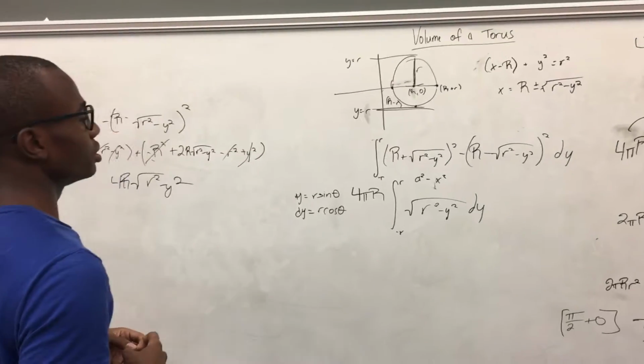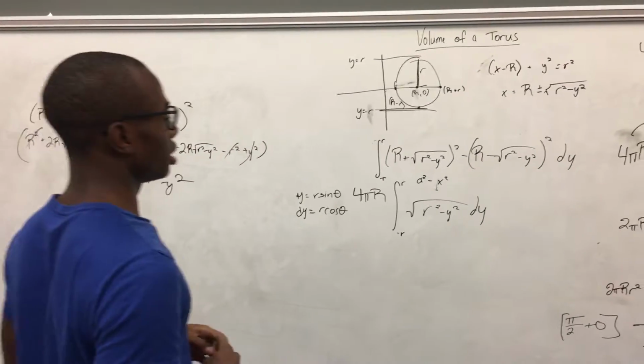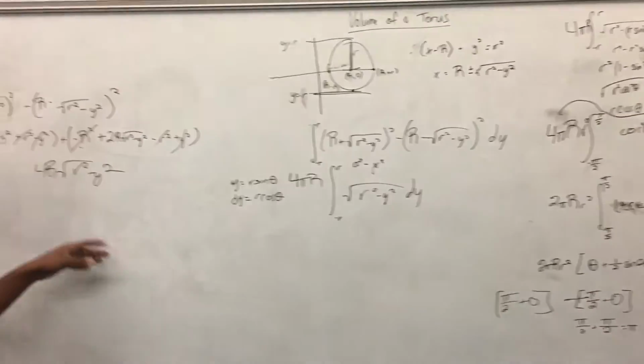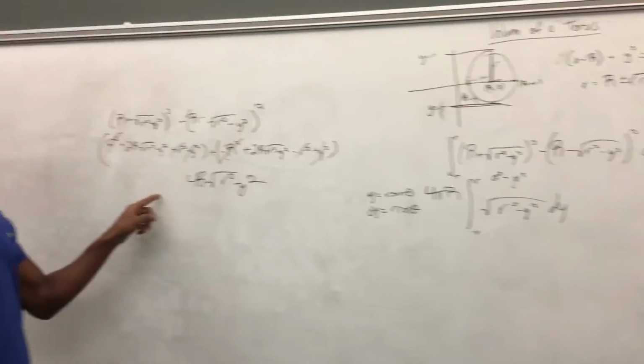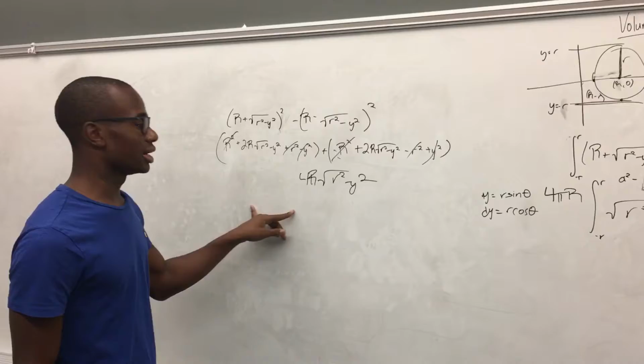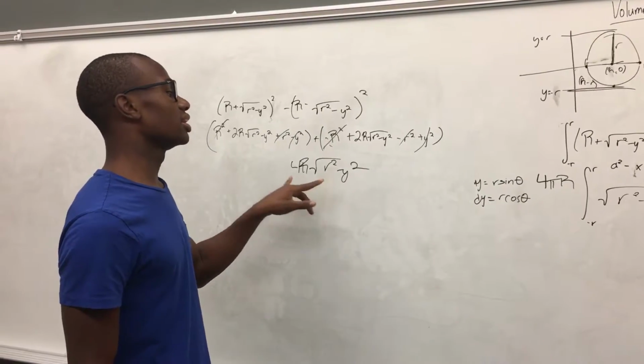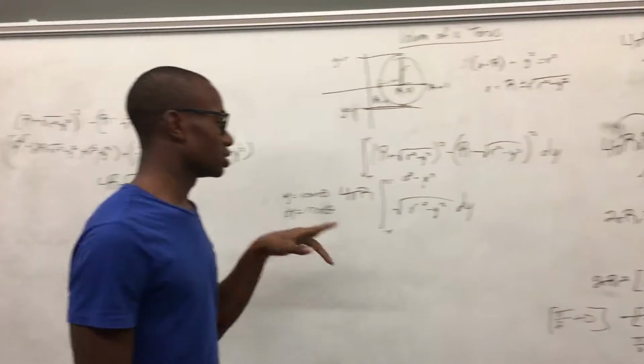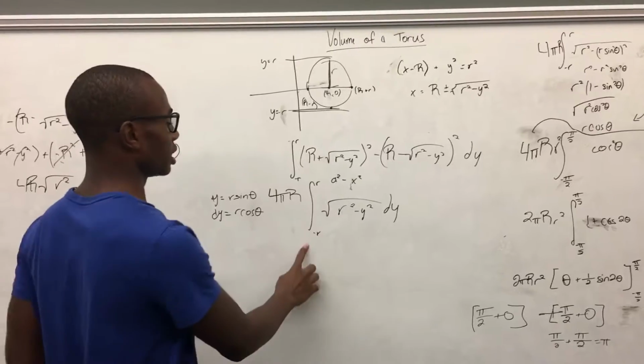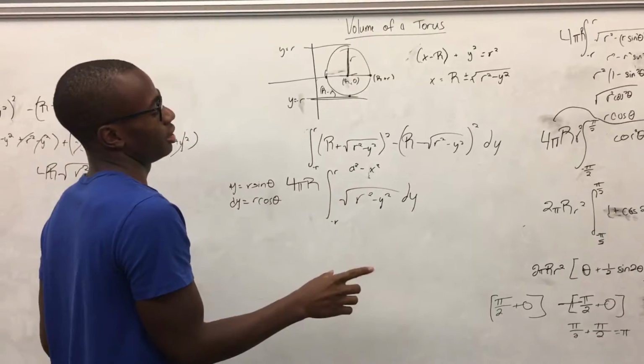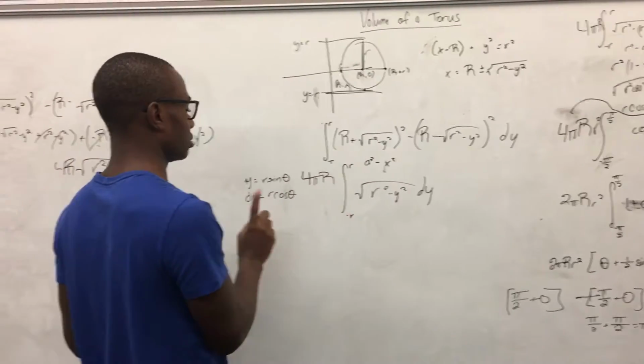And so after you do that, you have to simplify this, and you would multiply out the polynomial, and it would simplify to that. And so I took the integral of that from negative r to r, and I used trig substitution.